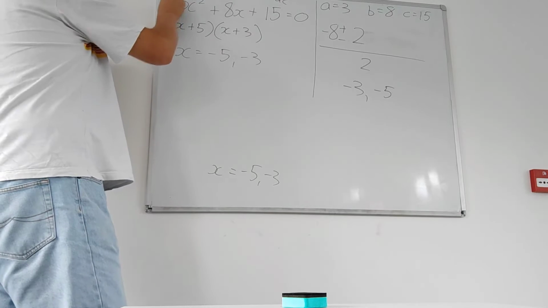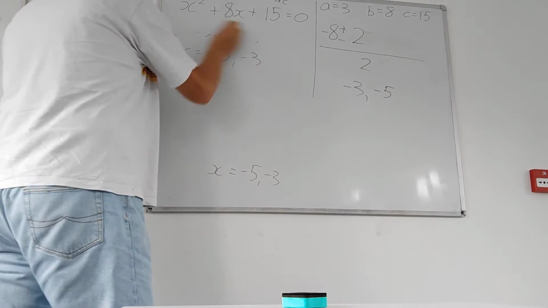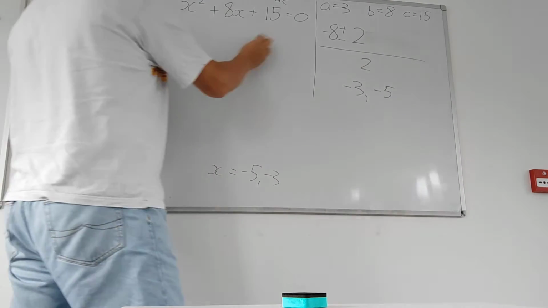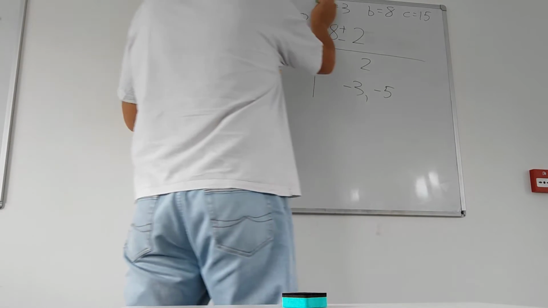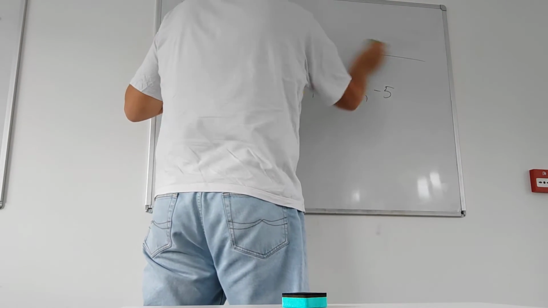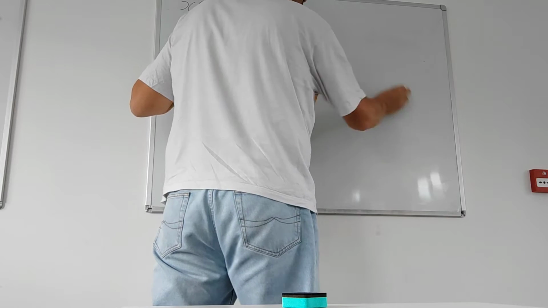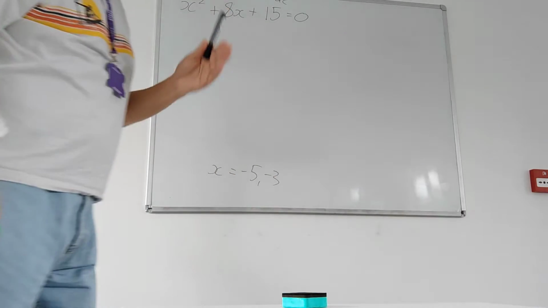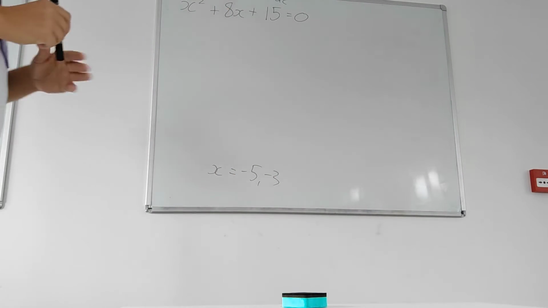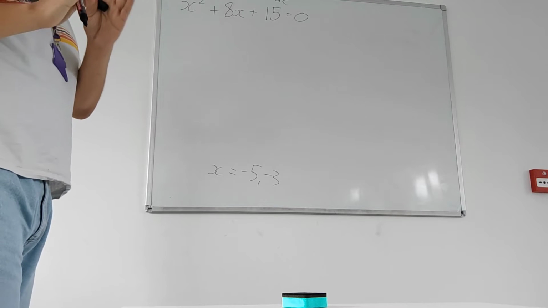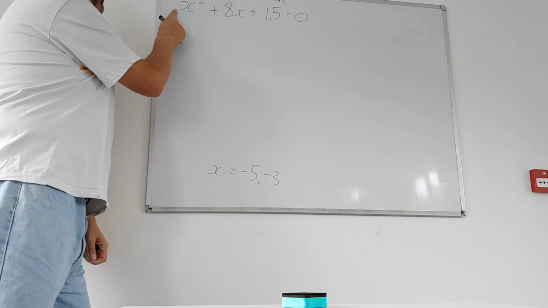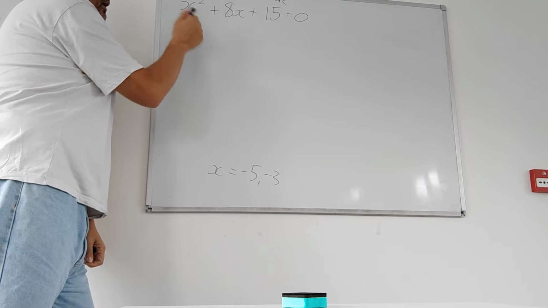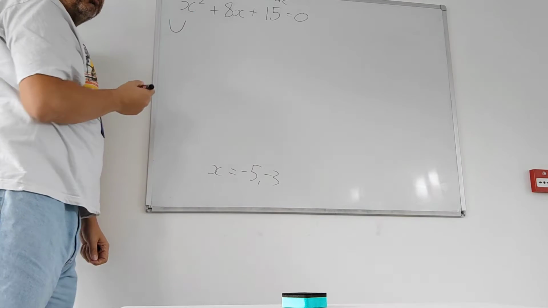So let's now connect the dots between these two which work the same, and let's just see what will happen on a graph sketch. What do those two things tell us? Well, quick reminder, anything with a positive x squared is a U-shaped graph.